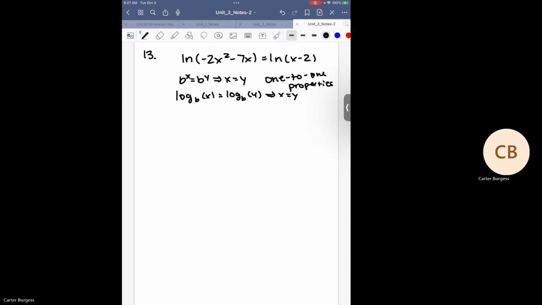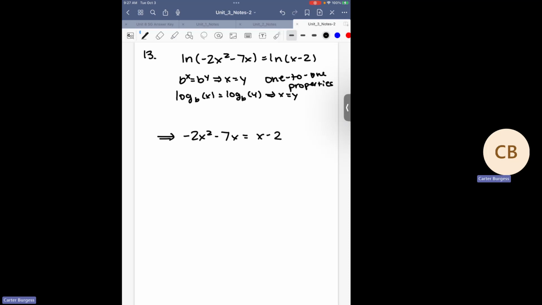All right. And so let's take a stab at what we see here. I already have this kind of setup where I have my access to my one-to-one properties. So I'm going to go ahead and rewrite this as, this must be negative 2x squared minus 7x equals x minus 2.